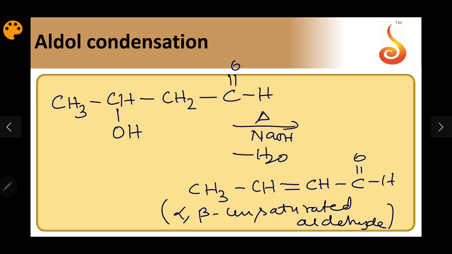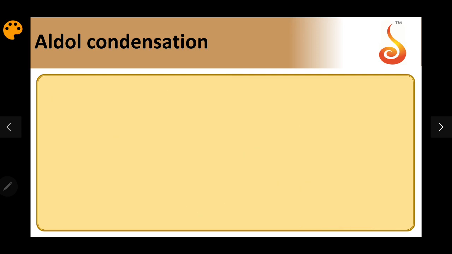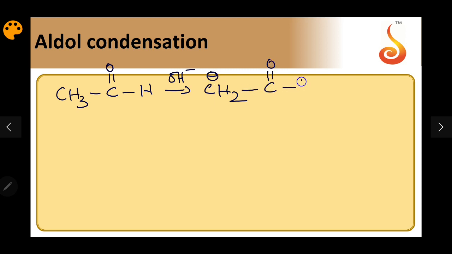So what is the mechanism? In the first step, all of us know that the alpha hydrogens of aldehydes and ketones are acidic. So OH minus takes the alpha hydrogen, forming the corresponding carbanion. The carbanion is a nucleophile. Now it attacks the second molecule of aldehyde.